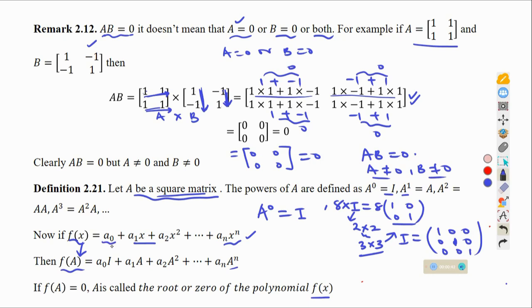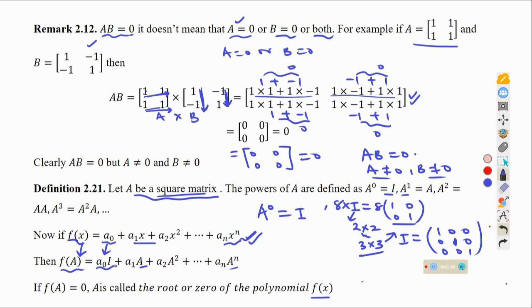However, since we are dealing with a polynomial just in terms of x, when we place this given polynomial in terms of our square matrix, we must make sure that this constant here is also in matrix form.